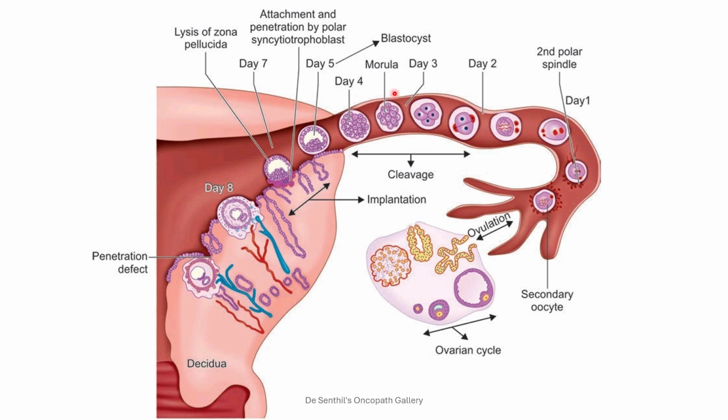The zona pellucida will prevent implantation from occurring in the fallopian tube. So it will be present till the blastocyst is formed and it reaches the endometrial cavity. After reaching the endometrial cavity, the zona pellucida layer disappears and then implantation occurs.